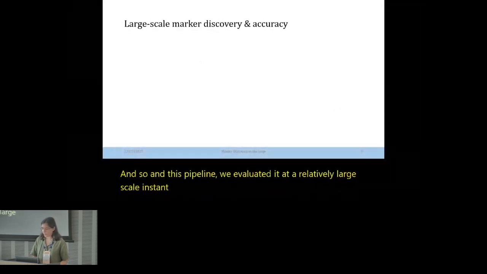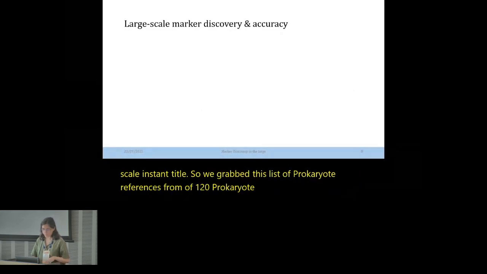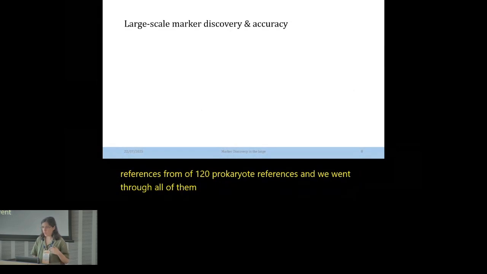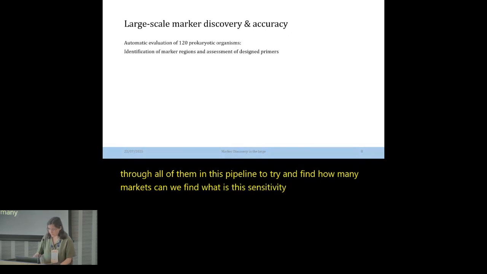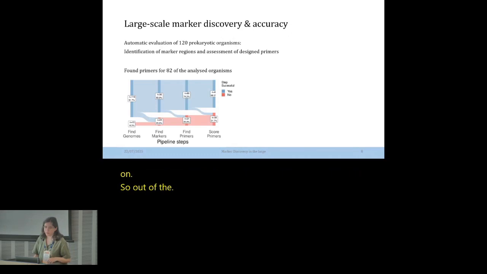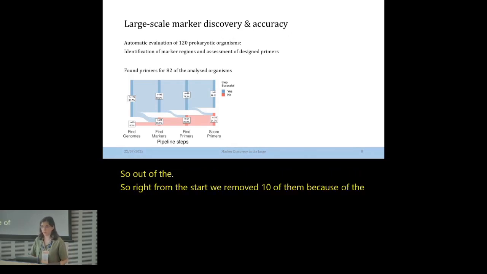So we grabbed this list of 120 prokaryote references, and we went through all of them in this pipeline to try and find how many markers we can find, what is the sensitivity, specificity, and so on. So right from the start, we removed 10 of them because of low quality genomes.